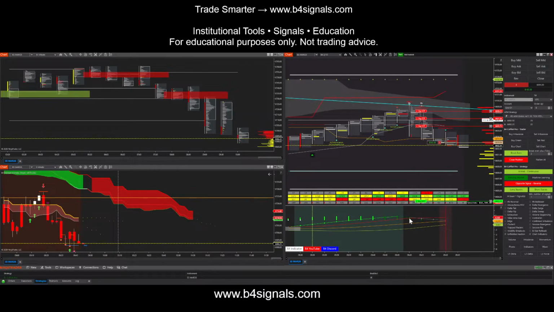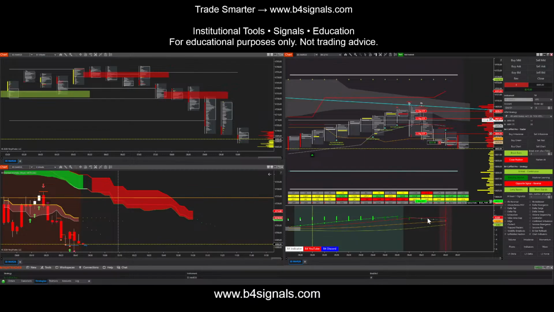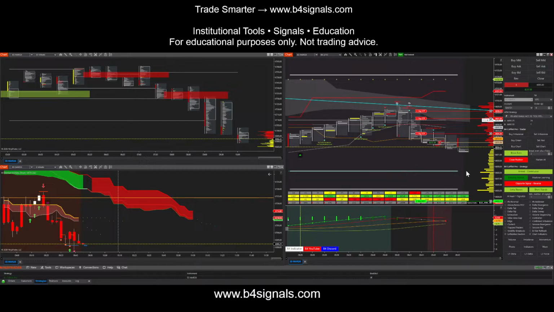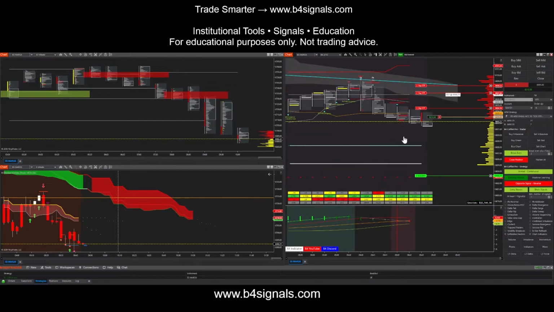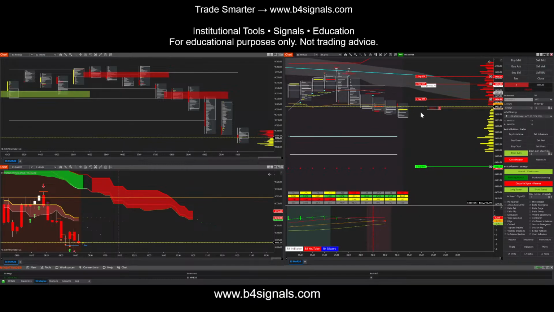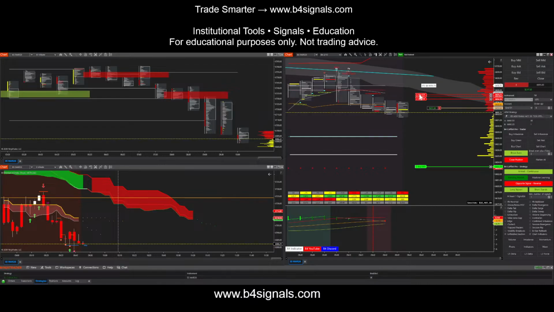Okay, and it came up close to the zero, a little over the zero line. Possible continuation to the downside. Let's see how that's going to work out. I'm going to go ahead and guard this here. Let's see how it's going to work out.